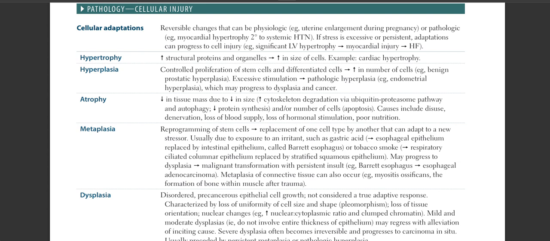So let's say you want to increase the size of a cell. If you want to increase the size of a cell, what would you need? How can you increase the size of a cell? Proteins, yeah, so you'll need proteins, basically water retention.